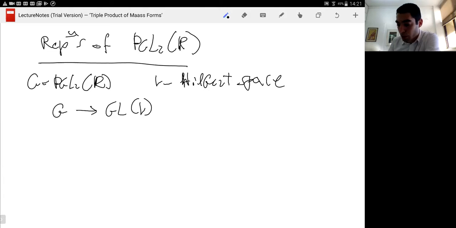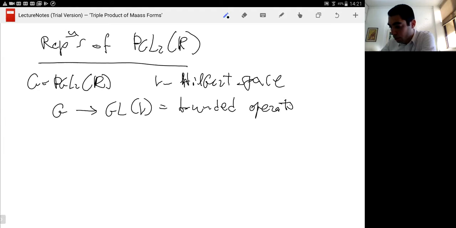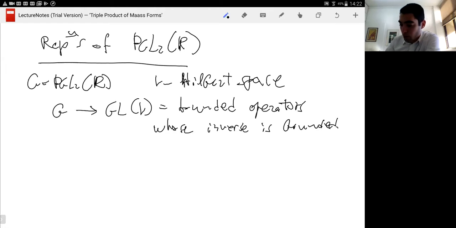And we consider homomorphisms from G to GL(V), where GL(V) is the space of bounded operators whose inverse exists and is bounded. And we want to impose the condition that the evaluation mapping is continuous.